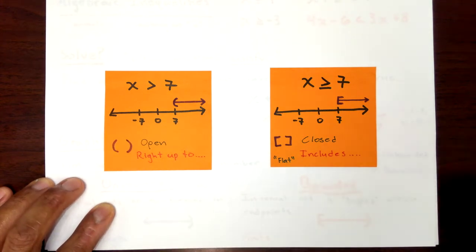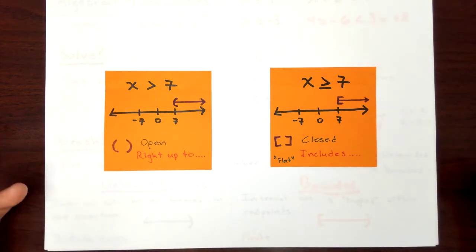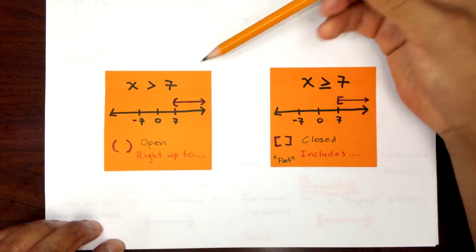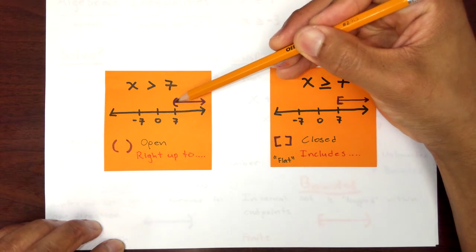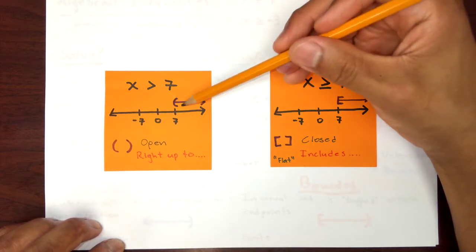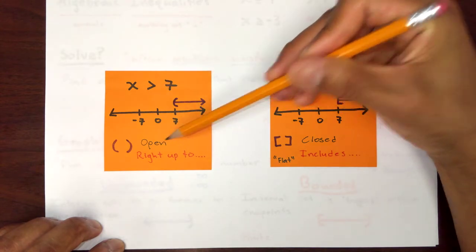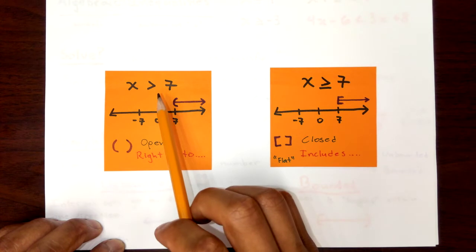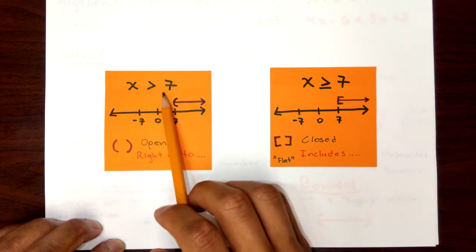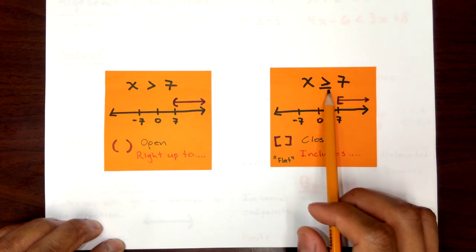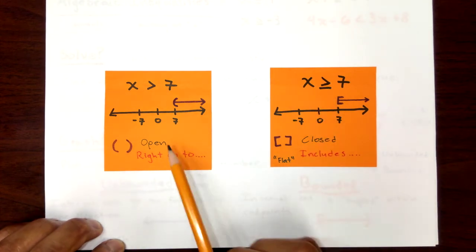In math, we use parentheses all the time, but when we're graphing, we use this parentheses on the number line to represent that your x is going to be everything that is greater than 7, not including 7. That means you're only going to use parentheses when you have a greater than or less than symbol, not when you have an equal symbol there.